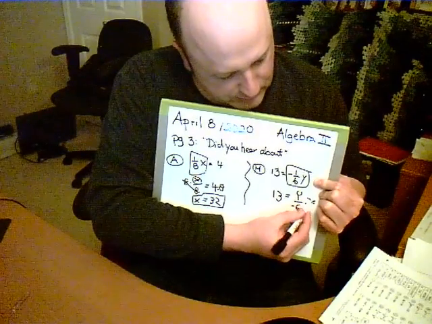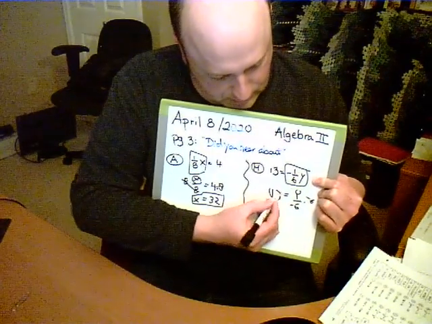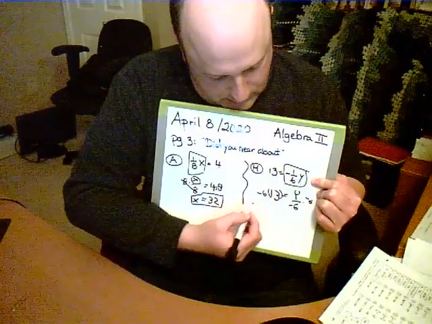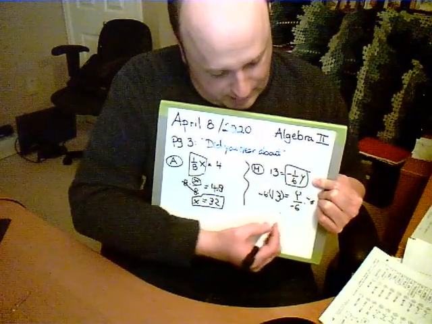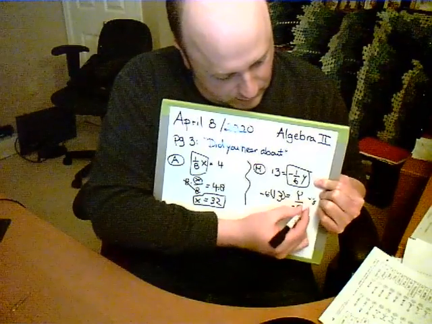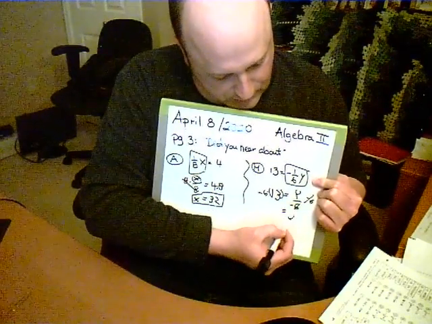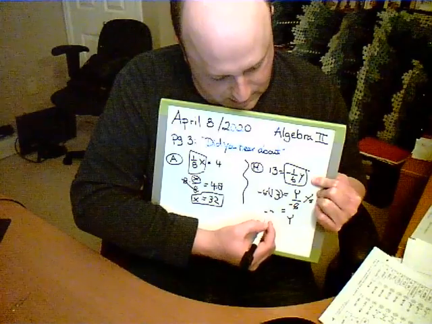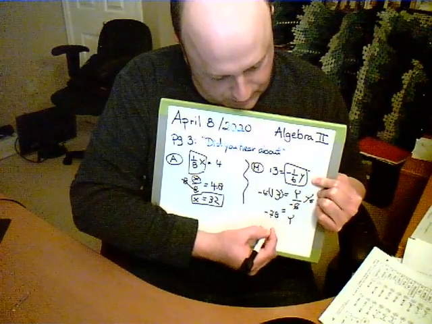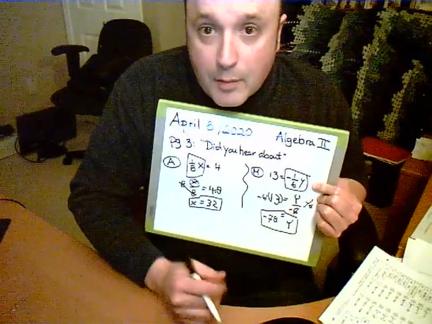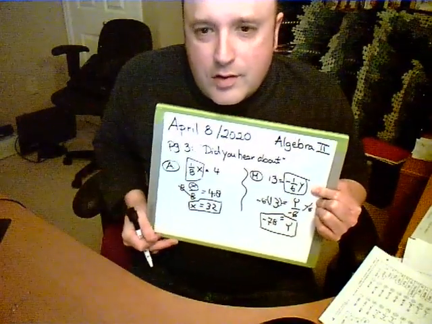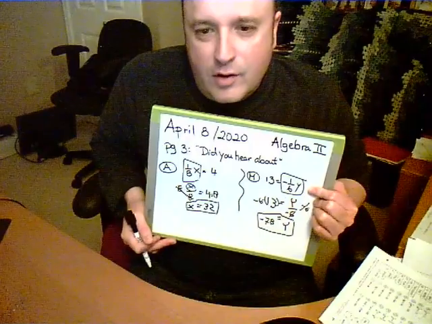Times by negative 6 to both sides. What's that? 78. Negative 78. Those cancel. There's your y value, negative 78. Bada bing, bada boom. Okay, so there you go.